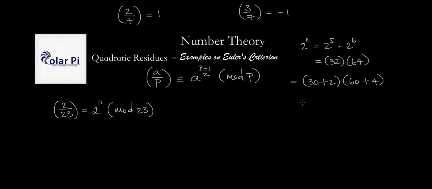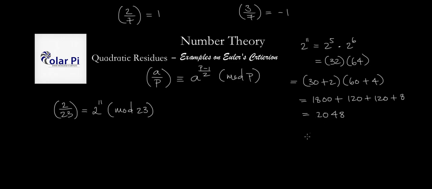So 30 times 60 is 1800, plus 30 times 4 is 120, and then plus 2 times 60 is another 120, and then plus 8 at the end. So that's 1800 plus 100 plus 100, that makes 2000, and then I left out 20 and 20, so that's a 40, and then an 8, so that's 2048.